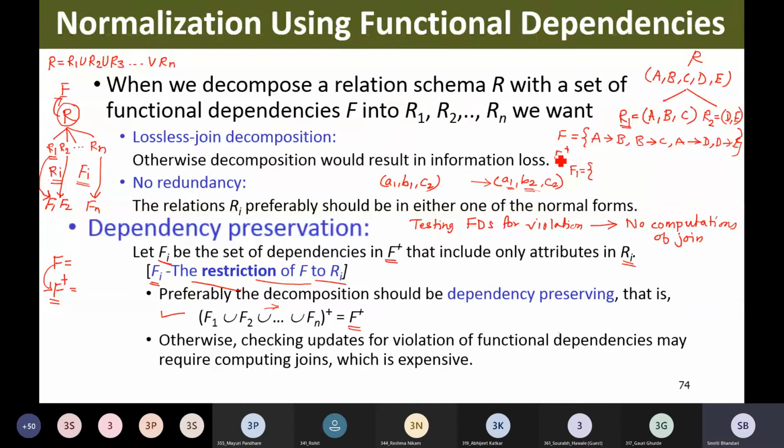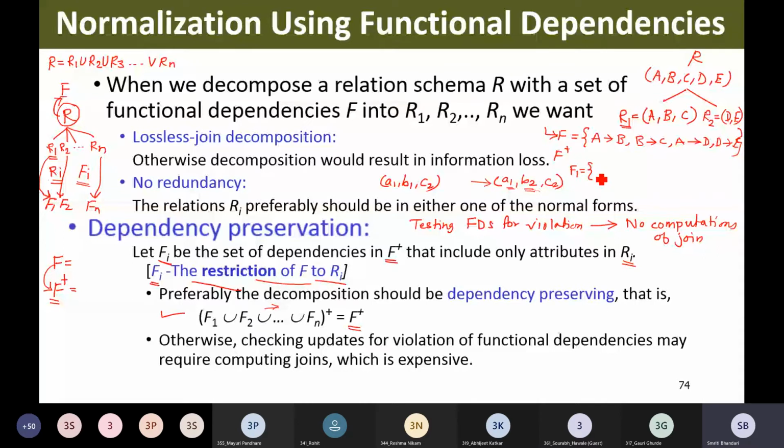Since we have not yet computed F plus, let us prepare this set F1 with F itself. F1 will have the functional dependencies whose attributes come only from R1.